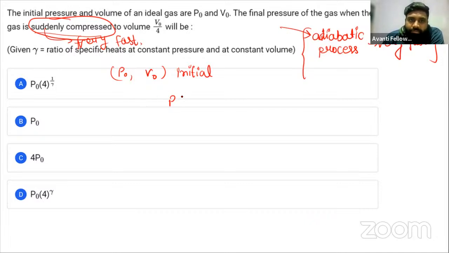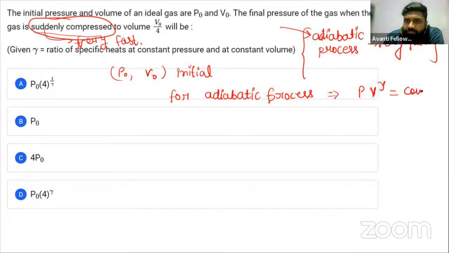For an adiabatic process, we know that PV raised to the power gamma is constant.